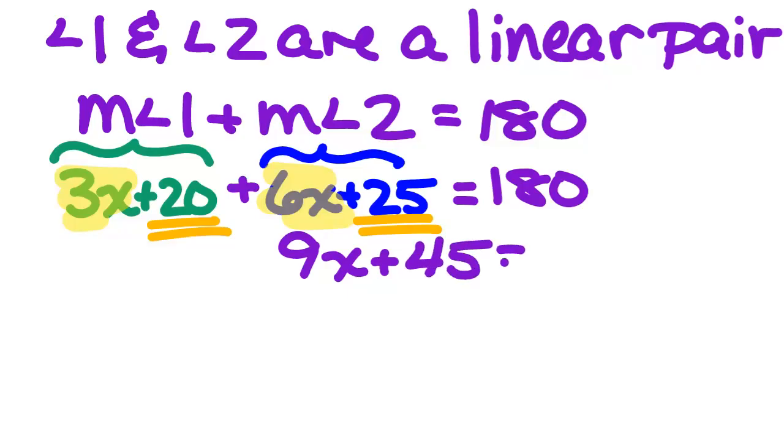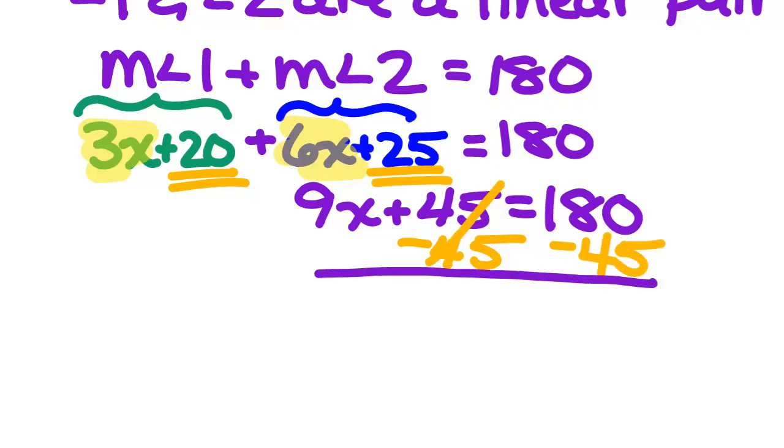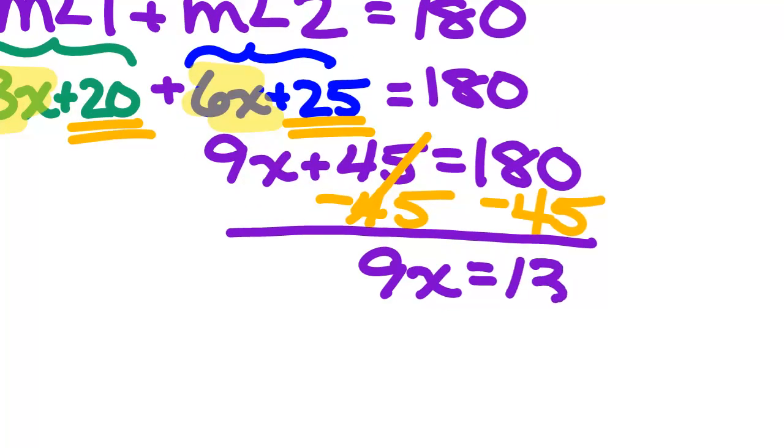So 9x plus 45 equals 180. Then we subtract 45 from both sides. What is 180 minus 45? 135. And then we divide both sides by 9. And we get that x is what? x is 15.